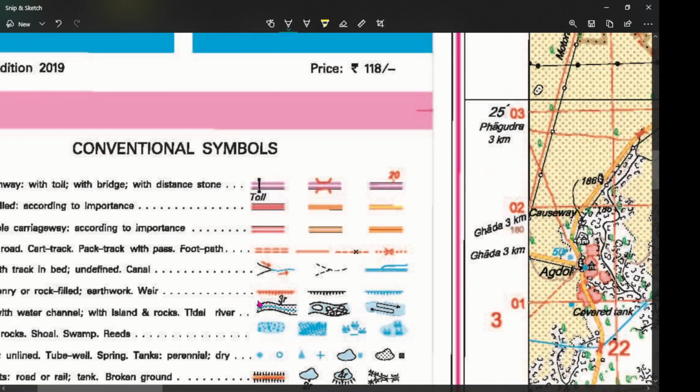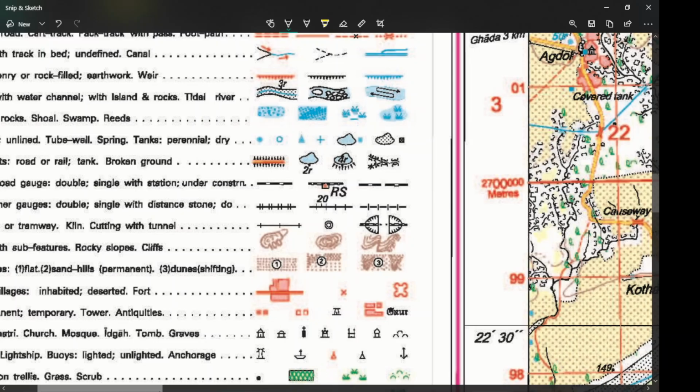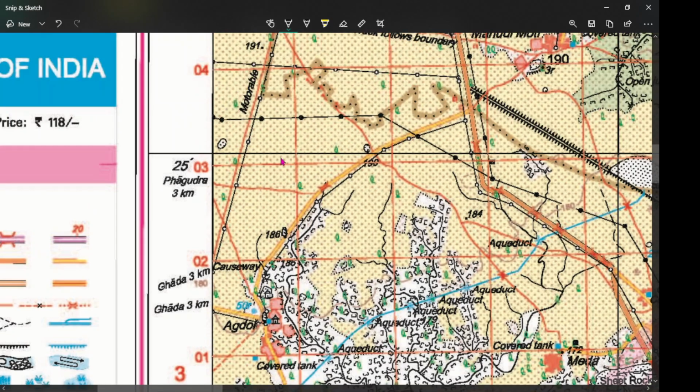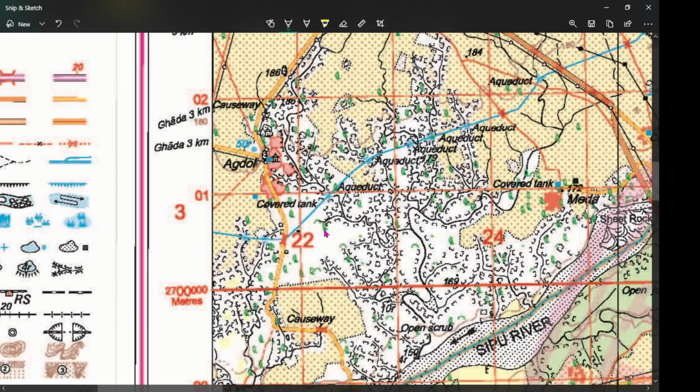Cultivated areas. These are cultivated areas.